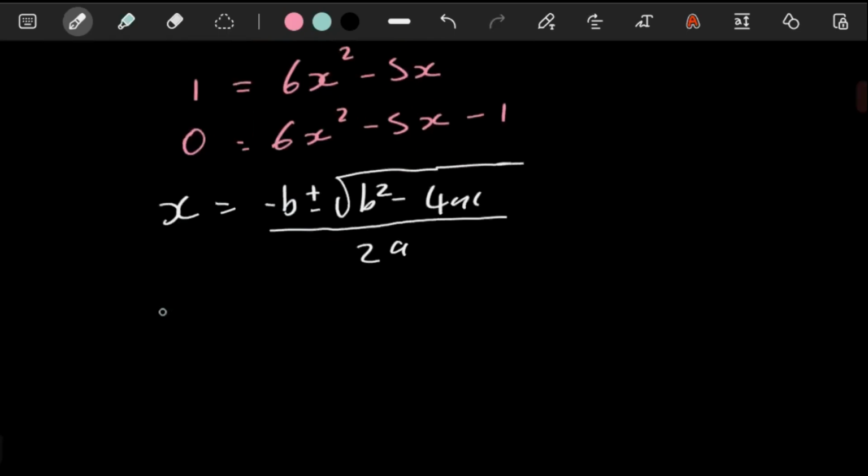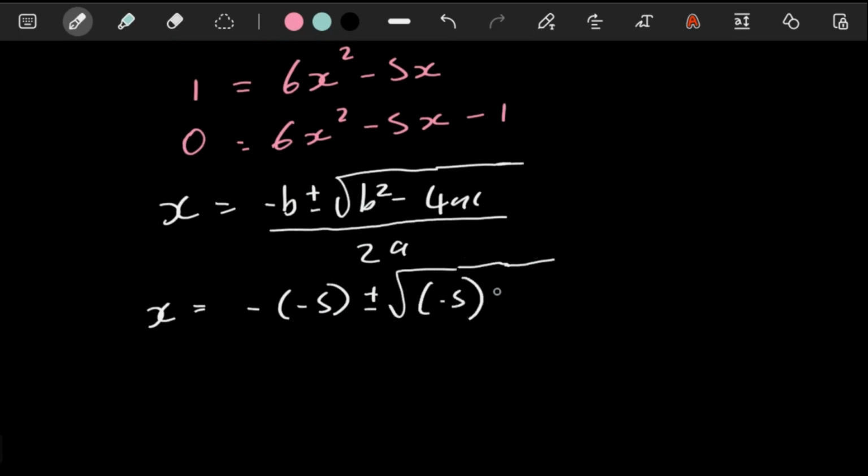So x is equal to minus b plus or minus... what is b now? b is -5, squared, minus 4 times... what is the a value? a is 6, c is -1.